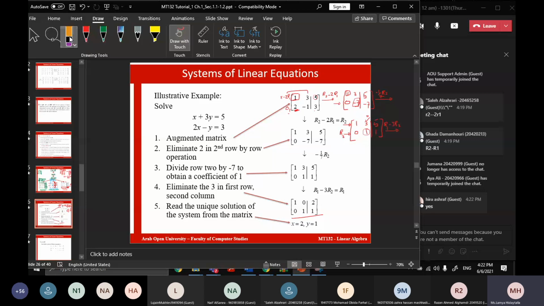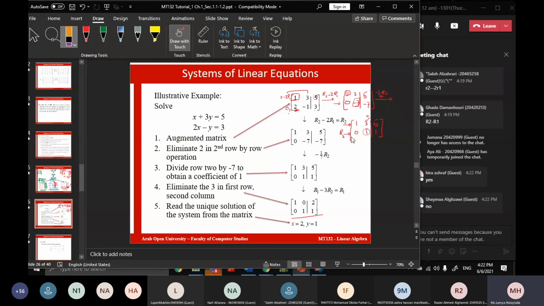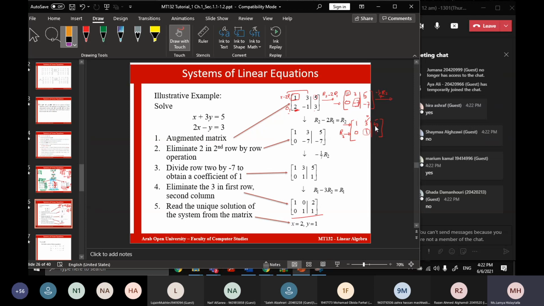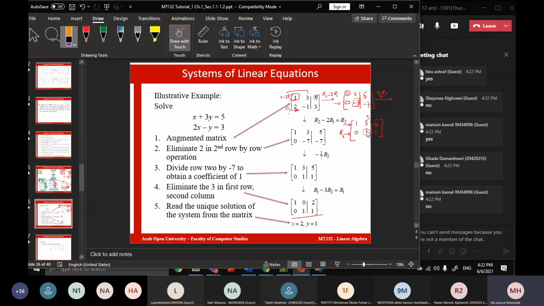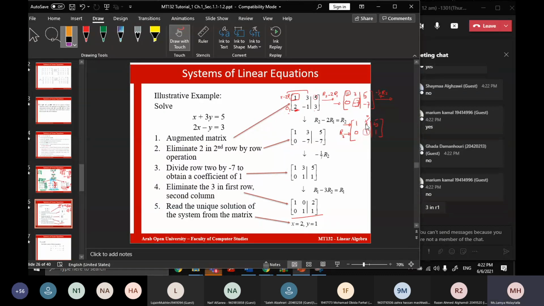Tell me, is it in the reduced echelon form or no? I'm waiting. Is this system in reduced echelon form? No, it is not. Why? Because below the leading one there is 0. Now come here. This is the leading one.